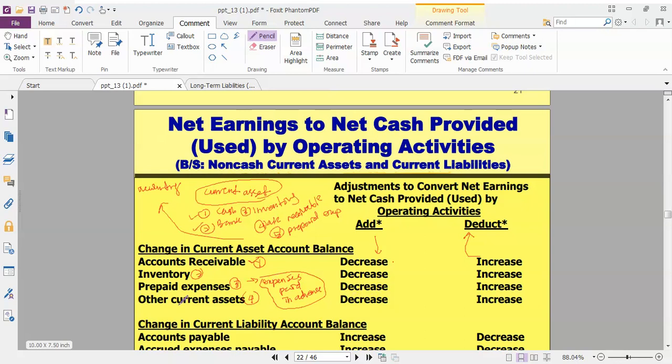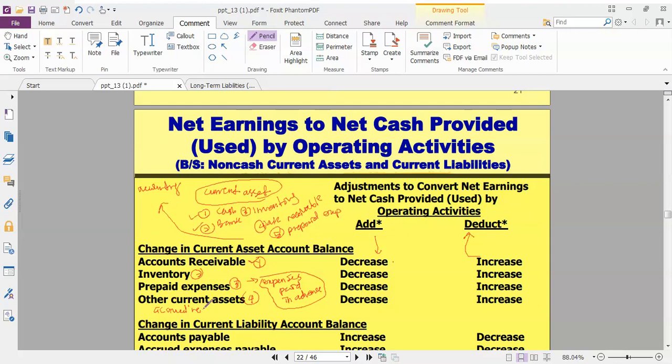Okay, and also we have other current assets, for example prepaid expenses. No, that is liability. Current prepaid expenses paid in advance, and also accrued revenue.